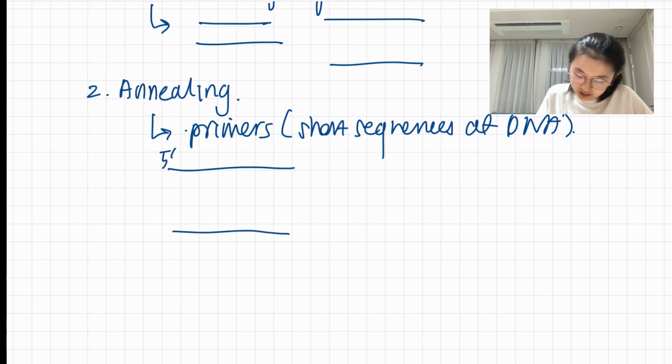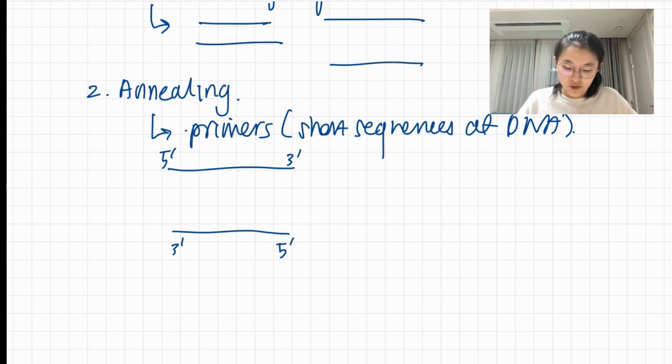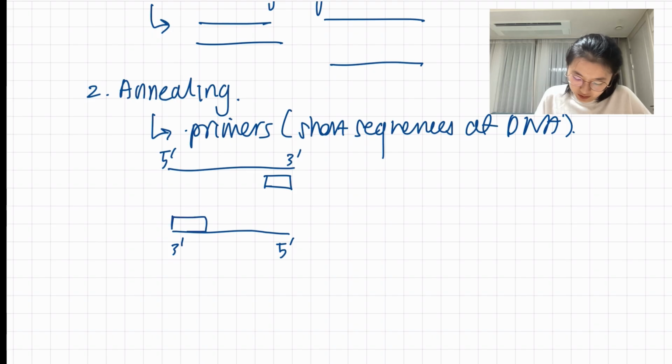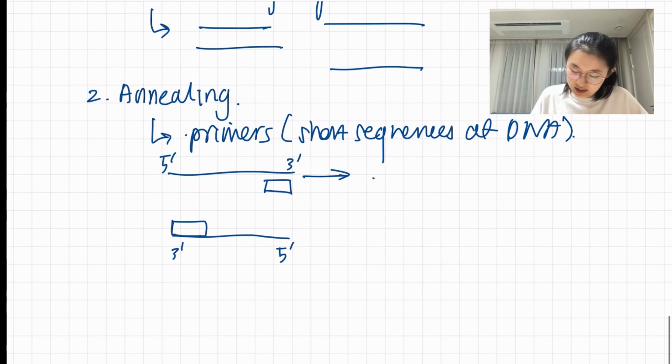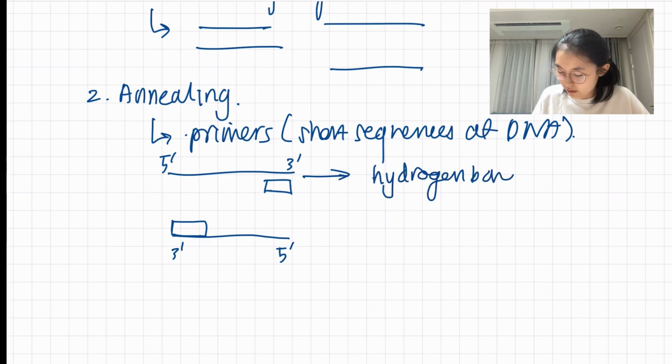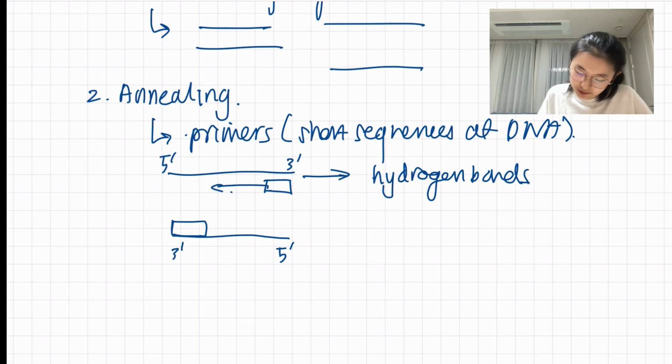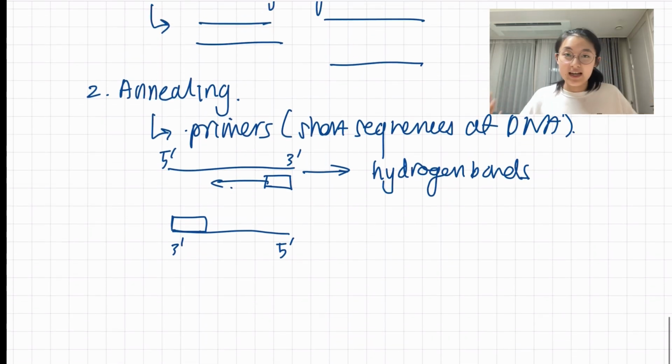So what it's going to look like is, obviously we're going to have the 5' to 3' orientation on one strand, 3' to 5' orientation on another strand, and we're going to start right here. So we attach these primers to each separated DNA strand, and we do so by forming hydrogen bonds. And the direction that the primers are going to extend and elongate is in this direction.